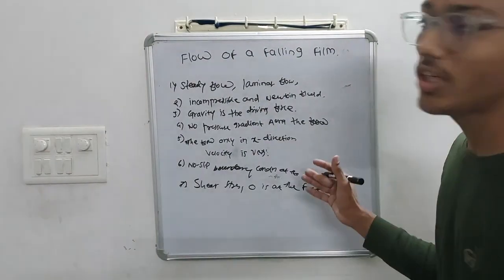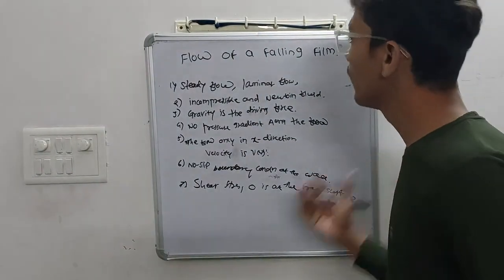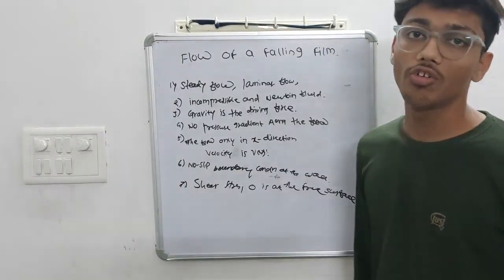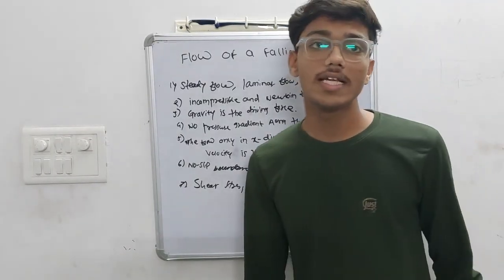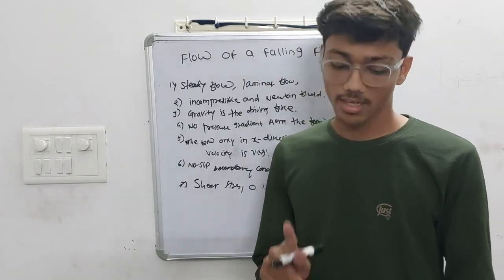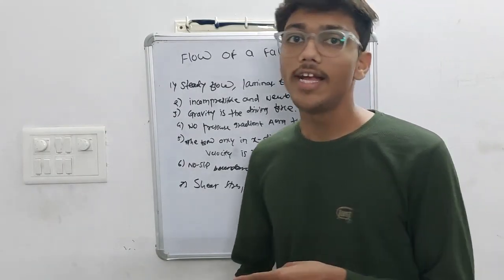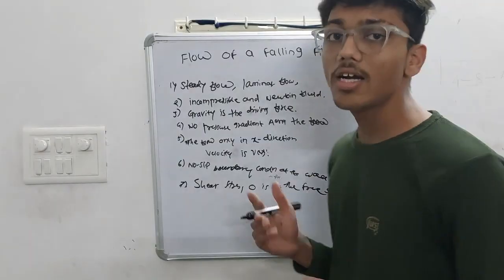This question, flow of a falling film, is solved using the Navier-Stokes equation. Firstly, the Navier-Stokes equation comes in three forms: cylindrical, Cartesian, and spherical. In this question, we will use the Cartesian form.